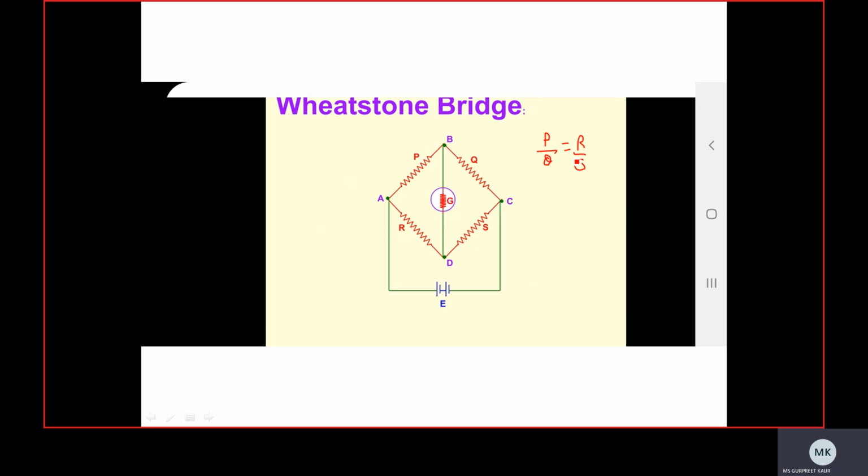So with the help of this balanced Wheatstone bridge condition, you can find the unknown resistance with accuracy. This is an accurate method because it is based on the null method. Null method is the method in which the galvanometer draws no current.